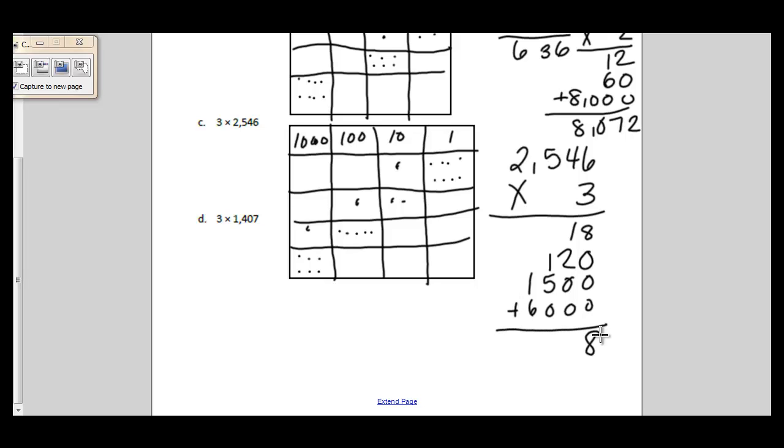Together, I have 8 ones, 3 tens, 600, 7,000, 7,638.